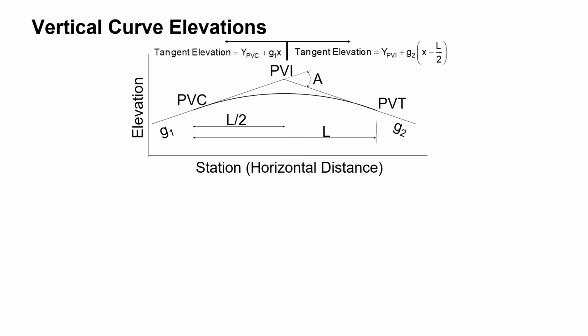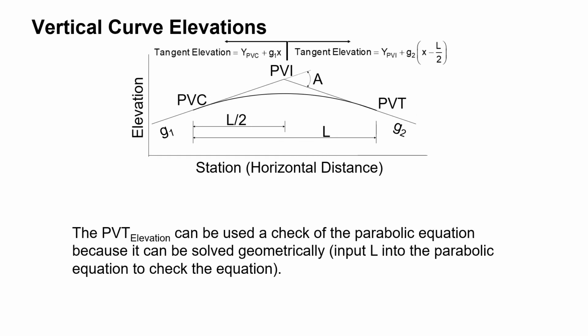Okay, so just one more tip on our equations before we move into some example problems. The PVT elevation, also Y sub PVT, can be used as a check of the parabolic equation, because we can solve it geometrically. If we recall these equations, you can find the elevation of the PVT with our equation on the right.